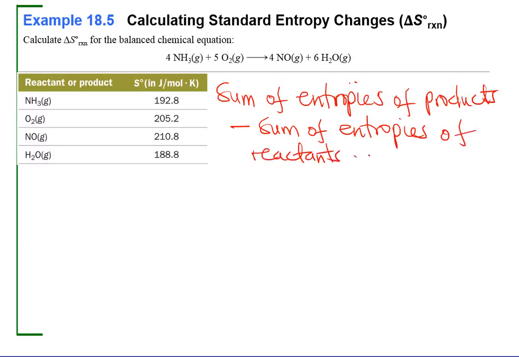This will give you delta S not reaction. That will give you the standard entropy of the reaction. Now, how do we deal with that in this case?